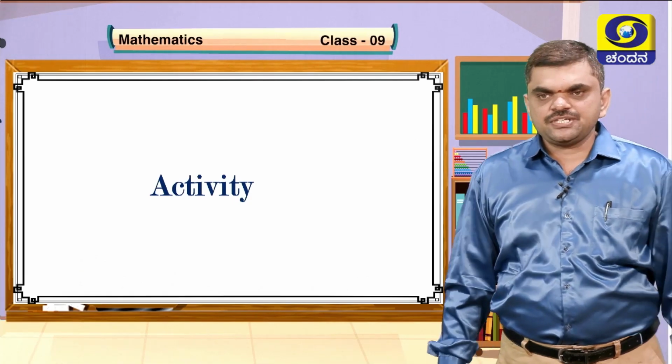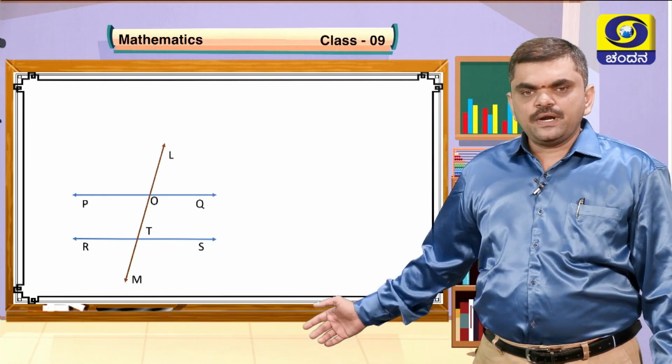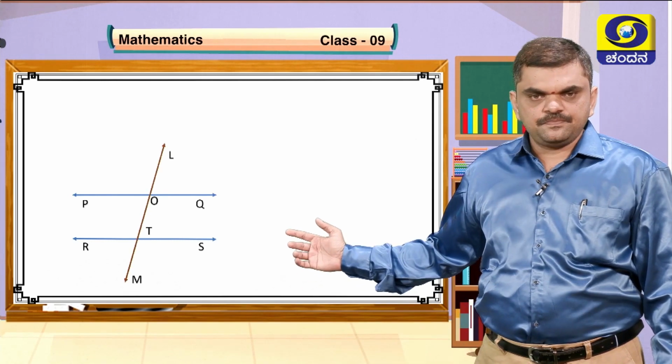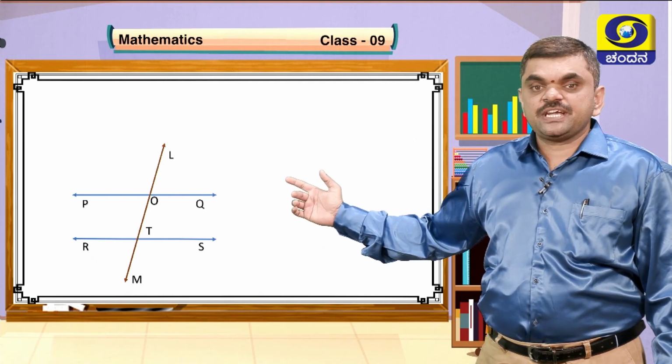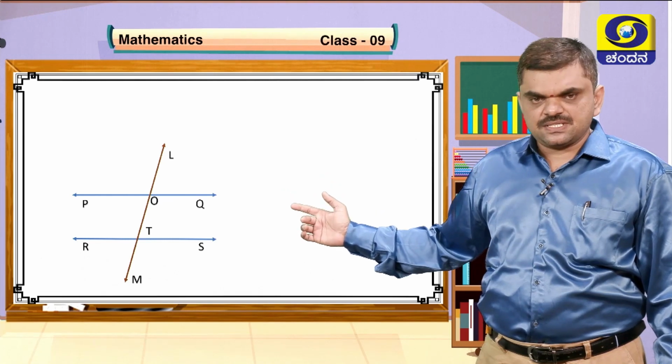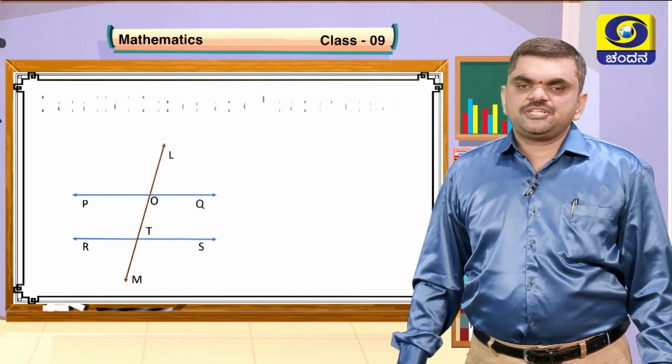Have you done the activity, children? Now, observe here, PQ and RS are parallel lines, LM is a transversal which intersects PQ at O and RS at T, children.